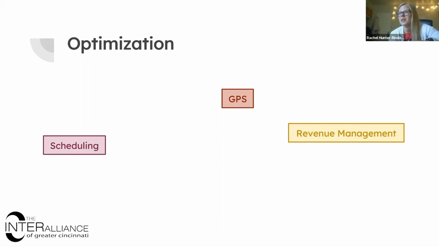Revenue management. Has anybody ever noticed that if you get on to buy a plane ticket, those prices change all the time? That's revenue management. Those are optimization models that are built on some probabilistic or statistical understanding of, at any given time, both the time that you're buying your ticket, how far in advance, and actual time of day, and time of day of the flight.